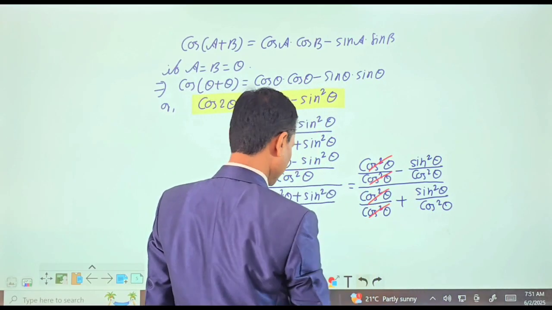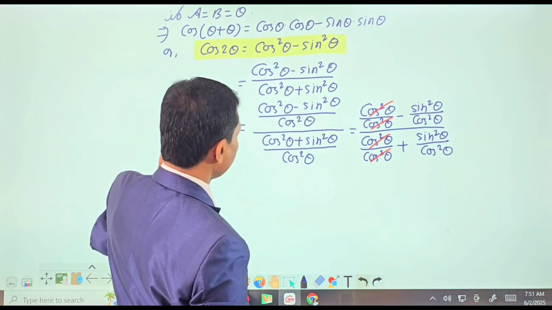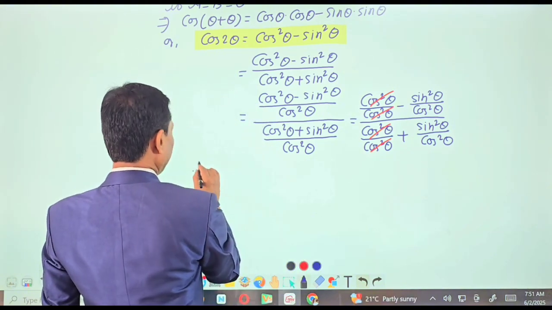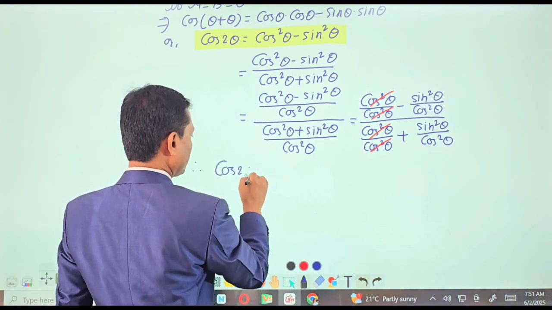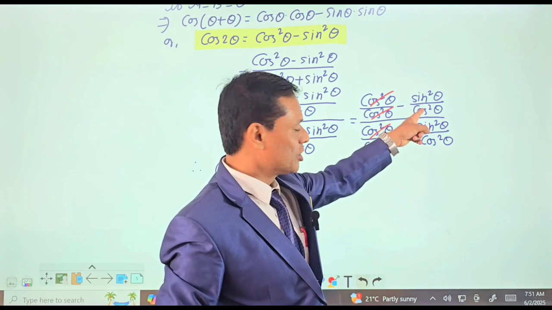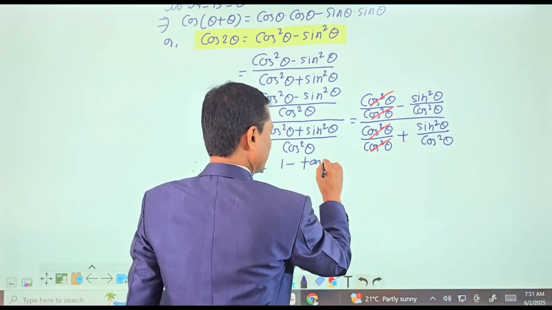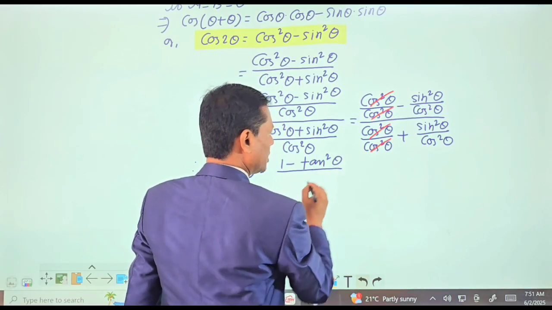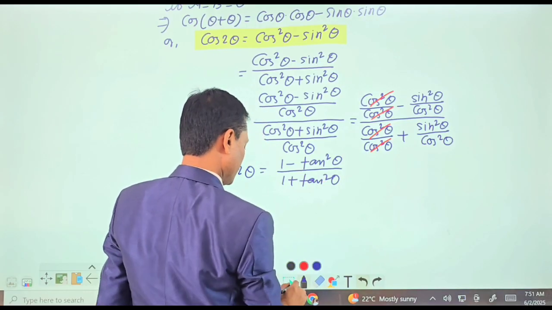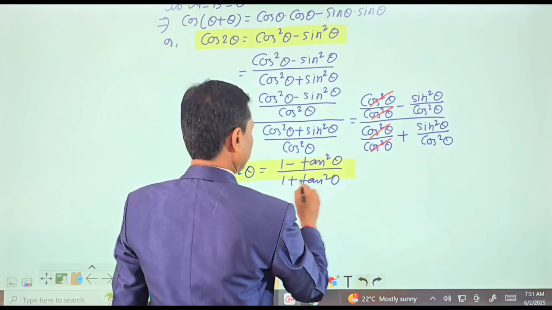Here also we can cut. Now have a look. Here we have cos 2 theta equals 1 minus sin square by cos square, which equals tan square. So we can write tan square theta, and at the denominator we have 1 plus tan square theta. So that's the next formula of cos 2 theta.